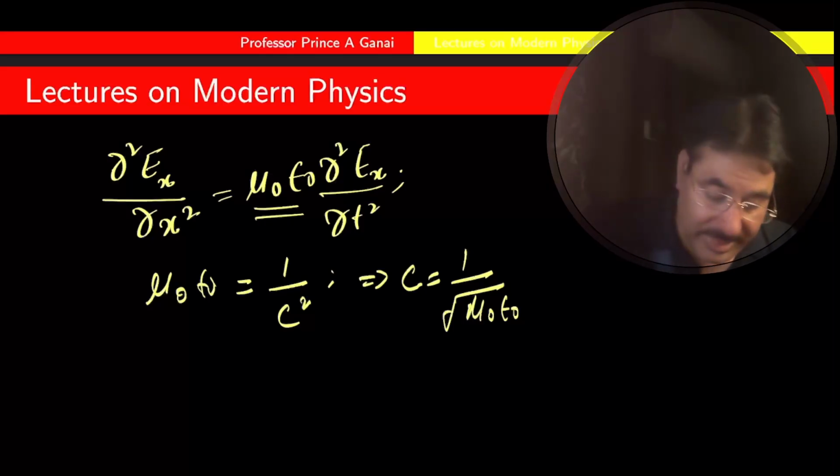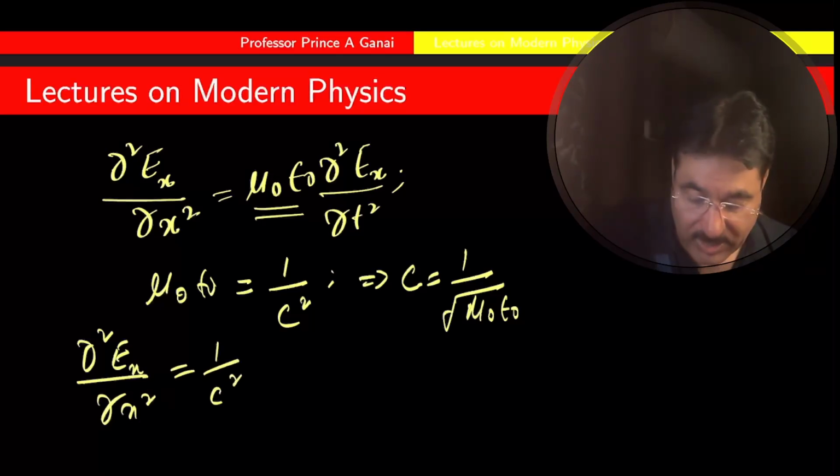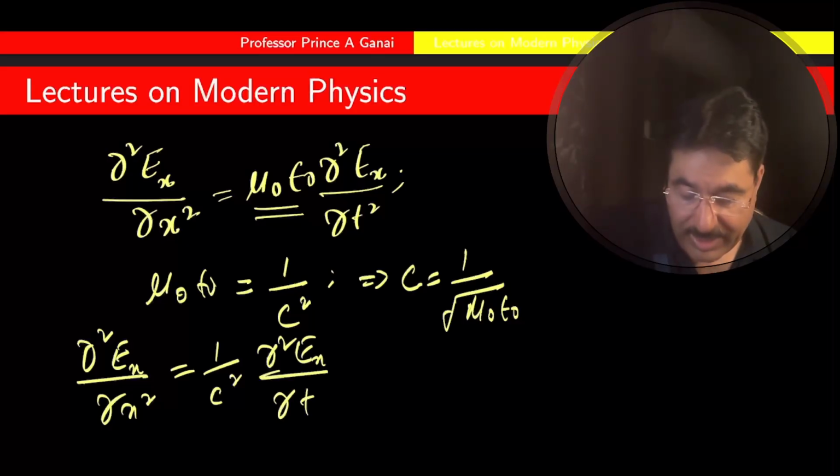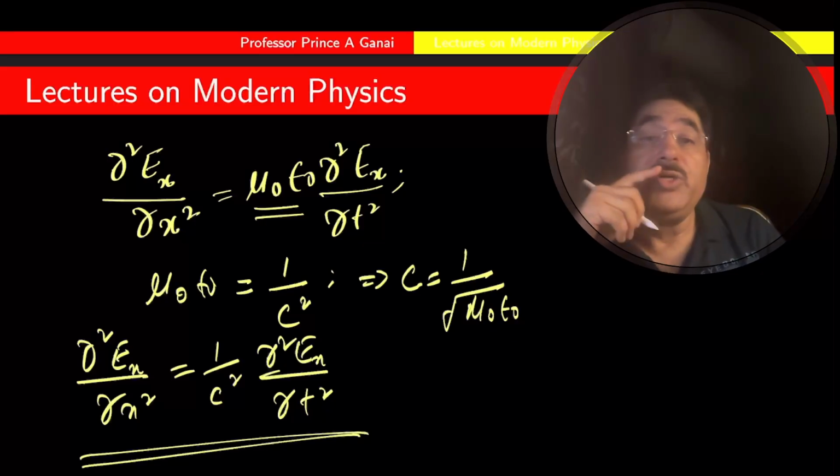We can rewrite this equation in terms of c as del 2Ex by del x square equal to 1 by c square del 2Ex by del t square.